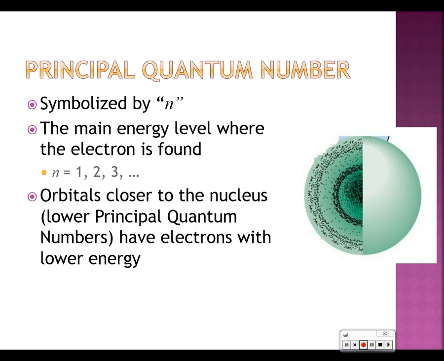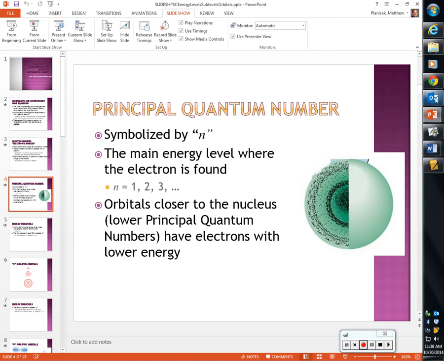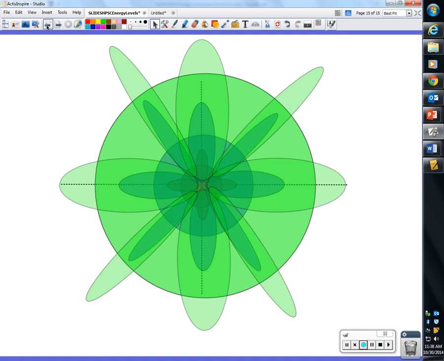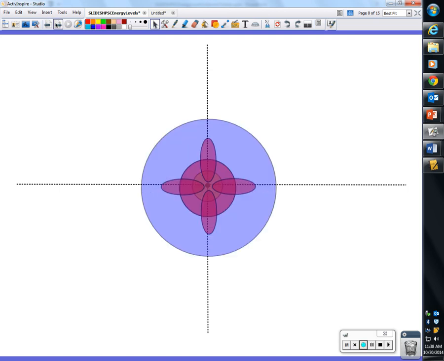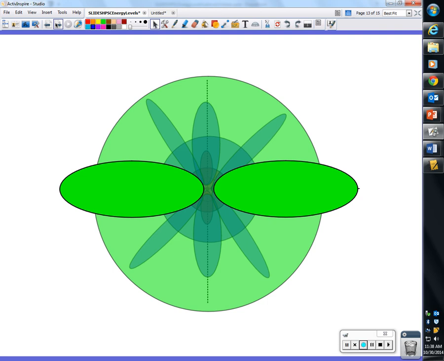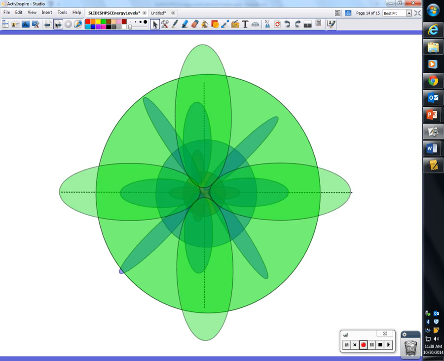Orbitals that are closer to the nucleus have electrons with lower energy. That still holds true. So on our drawing that we made yesterday, electrons that show up in, say, these red orbitals are going to have less energy than electrons that show up in these green orbitals, because these green orbitals are farther away from the nucleus.